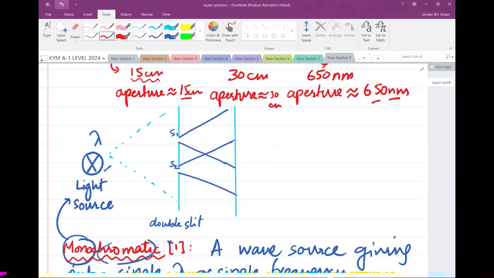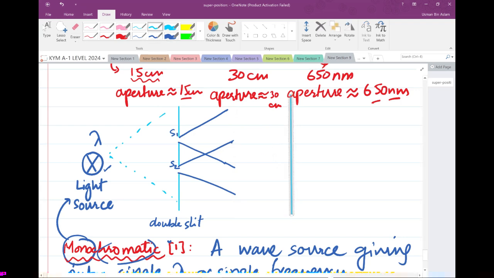So these two, S1 and S2, will start behaving like two different sources of light. Both sources will be monochromatic, which means they are going to emit a single wavelength and single frequency of light. This line that I just erased, I'm going to draw a little further like this.